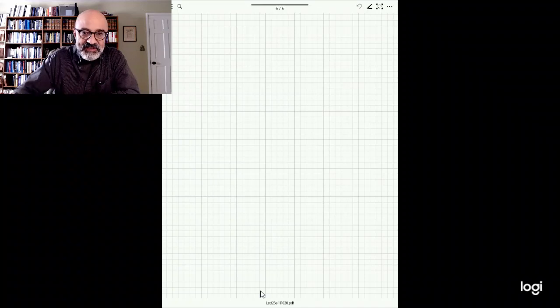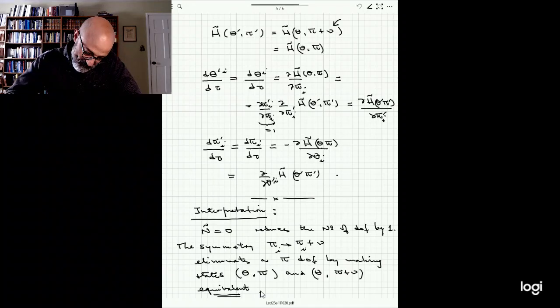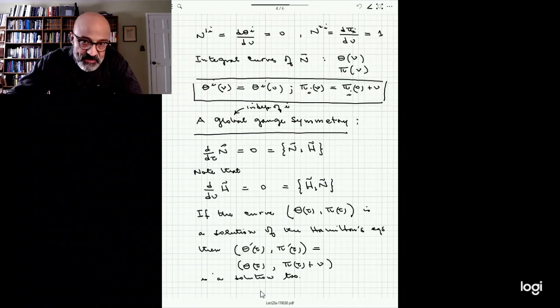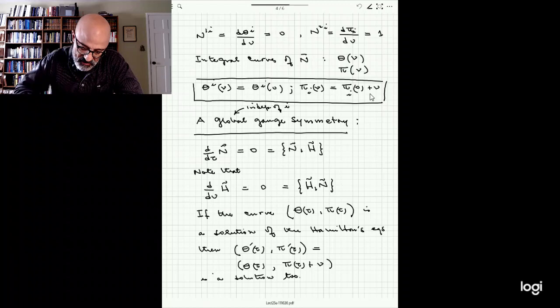Now, when you have a gauge symmetry like this, states in which you do not change the probability, but you do change the momenta by a constant, you have flows, right?